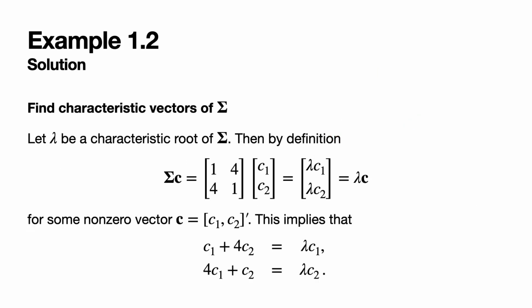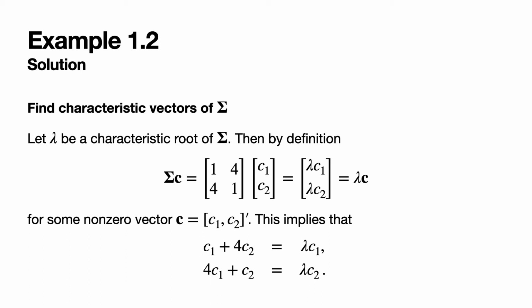Okay, next let's find characteristic vectors of cap sigma. So let lambda be an arbitrary characteristic root of cap sigma. Then by definition, sigma times the vector c, where c has the two entries c1 and c2, must be equal to lambda times the vector c.